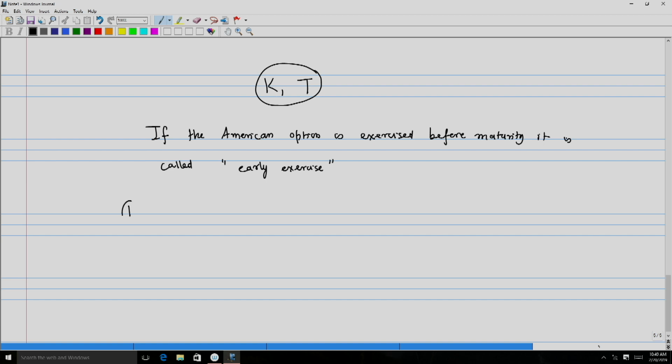As a result of this, we get European call, secondly European put, thirdly American call, and fourthly American put.